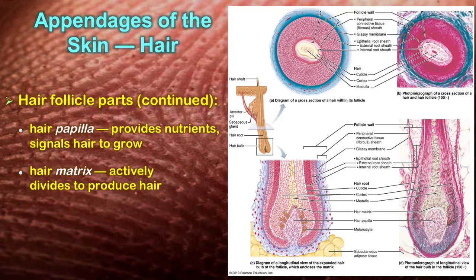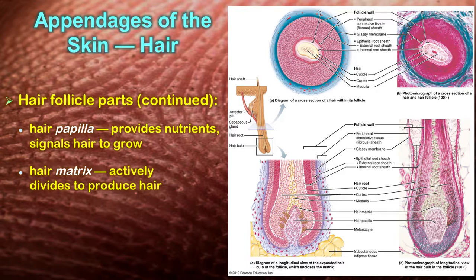Then we also have the hair matrix, which is the layer right on top. It's kind of hard to see. My marker isn't working right here. But it's these purple cells right here on top of that hair papilla. The matrix is the cells that are actively dividing to produce hair. So it's kind of like the basal layer of the skin.